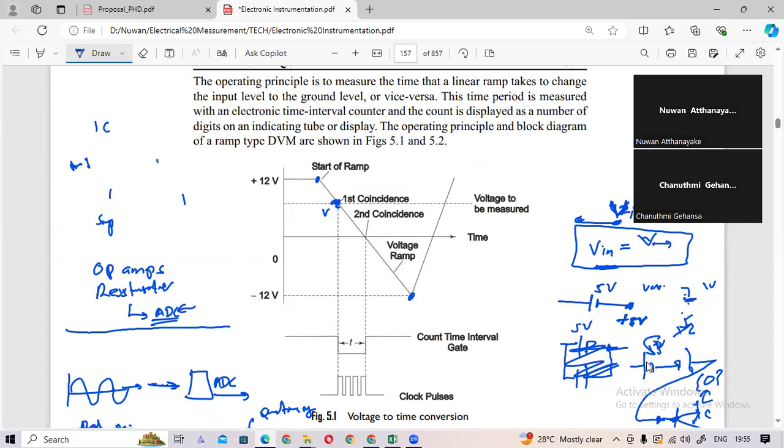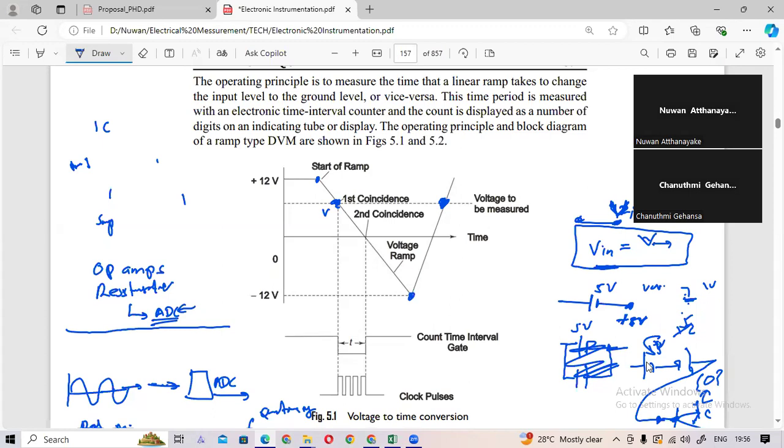Then again we decrease it, then again increase it. Once it is increasing again, and the input voltage level is equal to this generated voltage, it can again be detected.